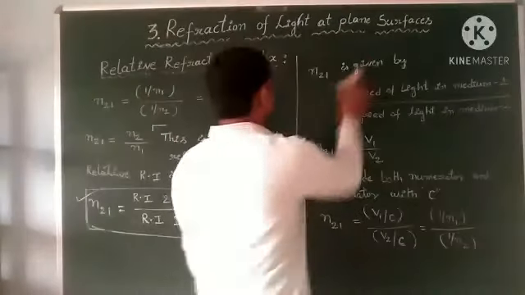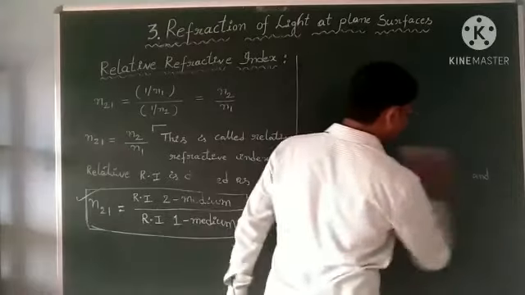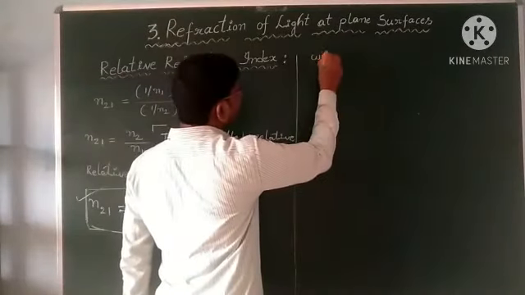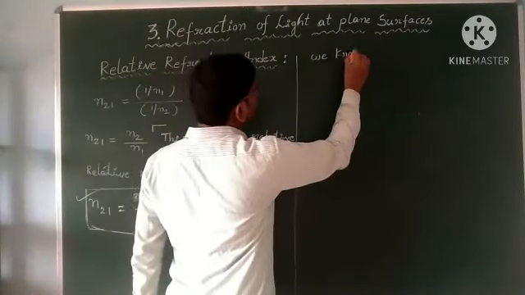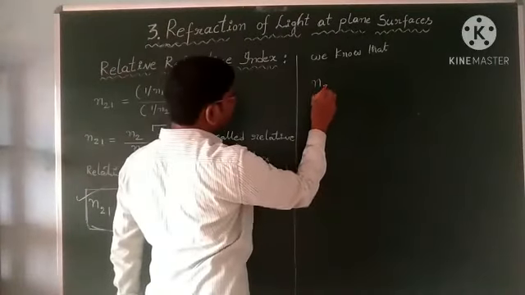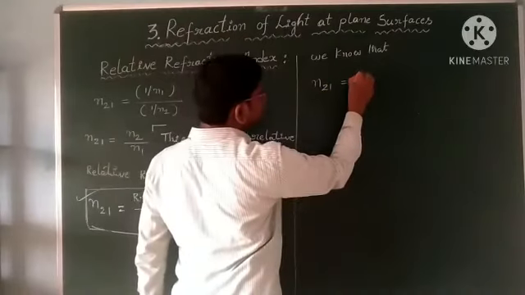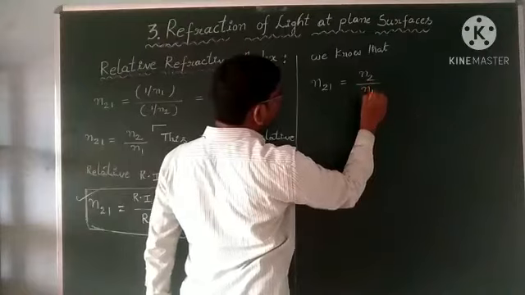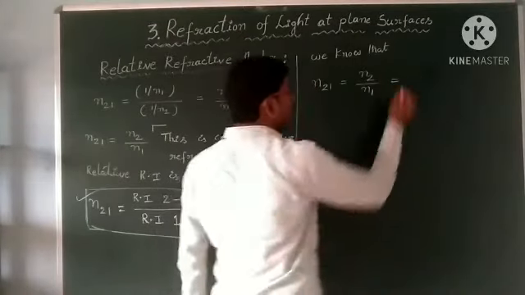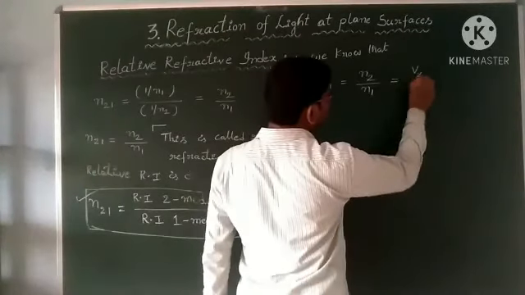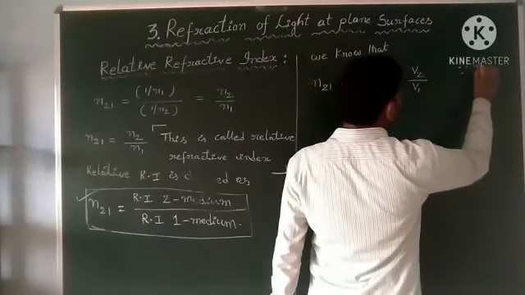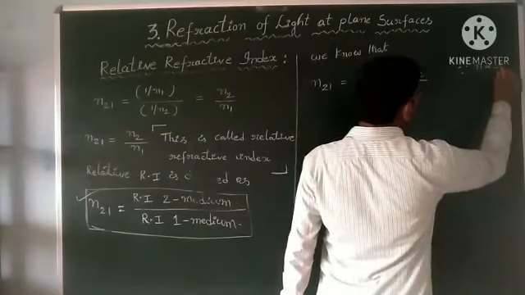Now, so we know that n2 to 1 is equal to what, my dear students? n2 to 1 is equal to n2 by n1, and it can be written as v2 by v1 also, since n is inversely proportional to v.